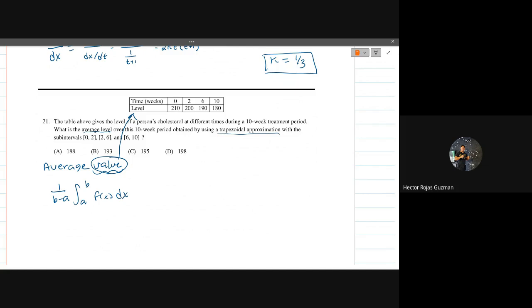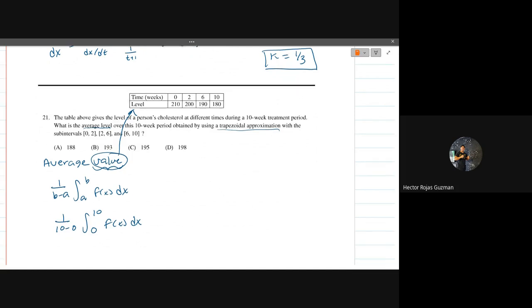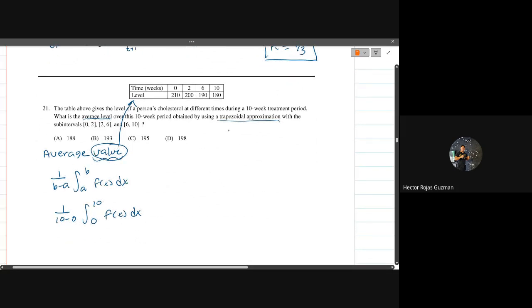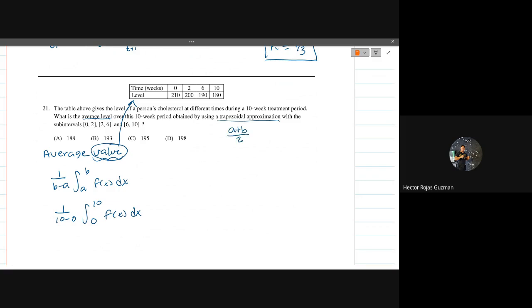So 1 over 10 minus 0 times the integral from 0 to 10 of f of x dx. But the way we're going to do the integral is by doing a trapezoidal approximation. And the formula for a trapezoid is a plus b over 2 times h.